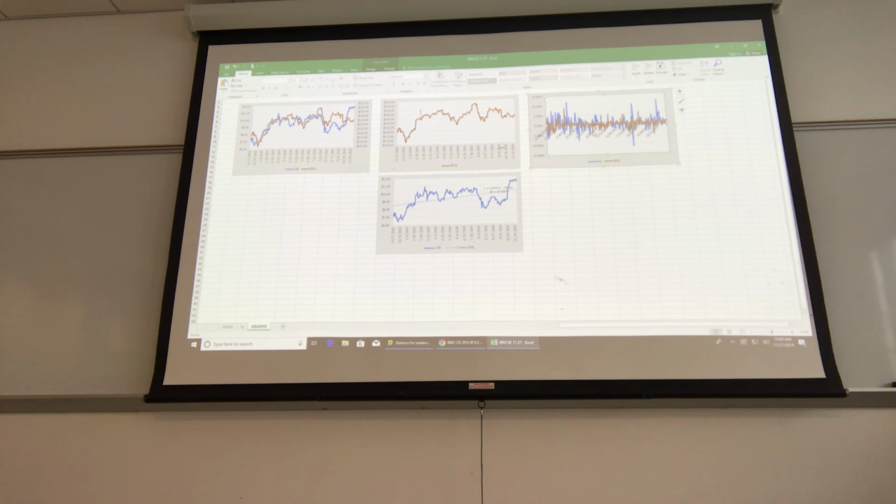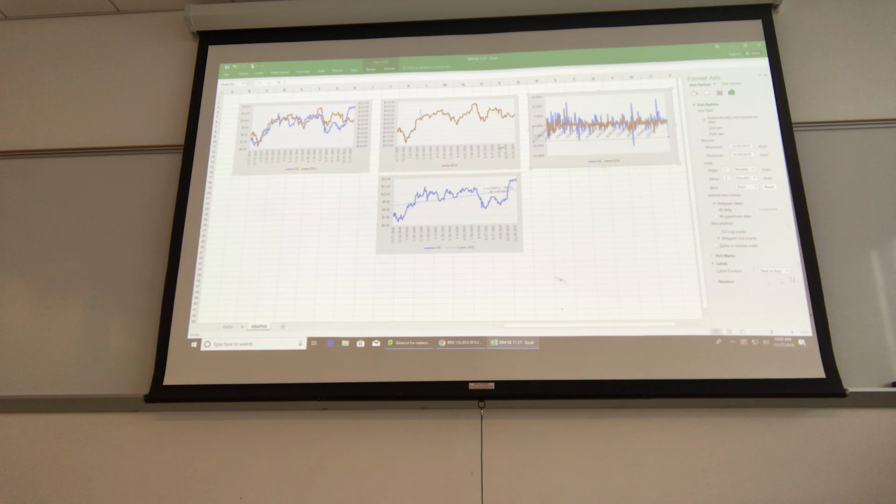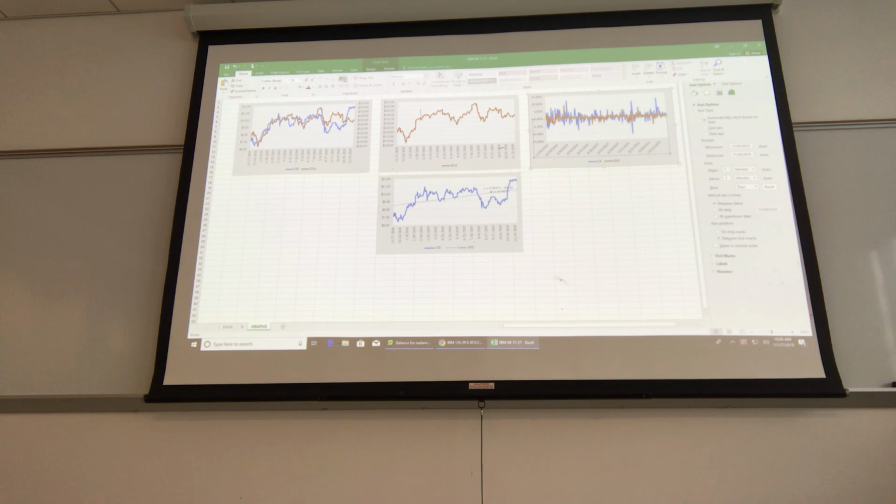I take the information from the axis, you format it, you go to the labels and you put it low, so it can be here low. You have the axis. It's nice if you can put it in the same way you have them in the other part.